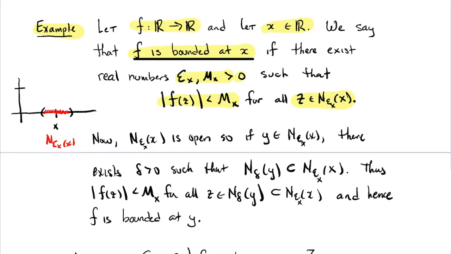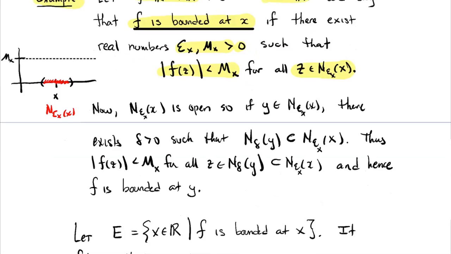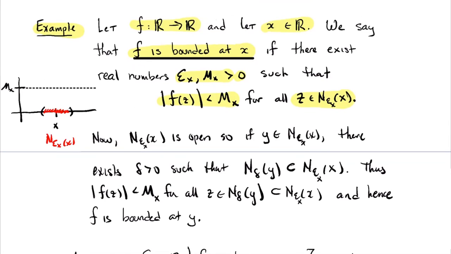For numbers inside there, there's this number m, which also depends on x, and the function values stay below that dotted line in absolute value on that neighborhood. So if you're thinking about the graph of the absolute value of the function, it has to stay below that line, right? So it's bounded at x in the sense that there's some neighborhood around x on which the function is bounded.